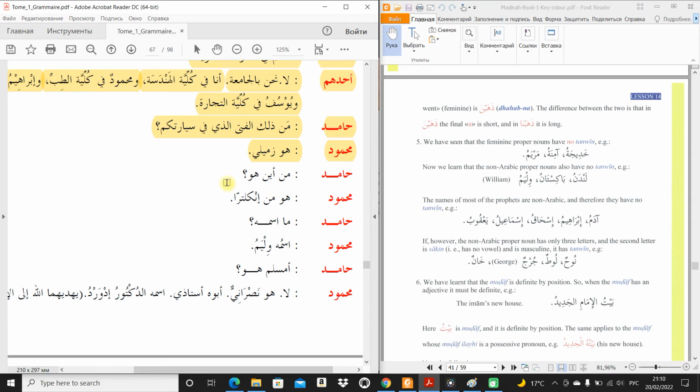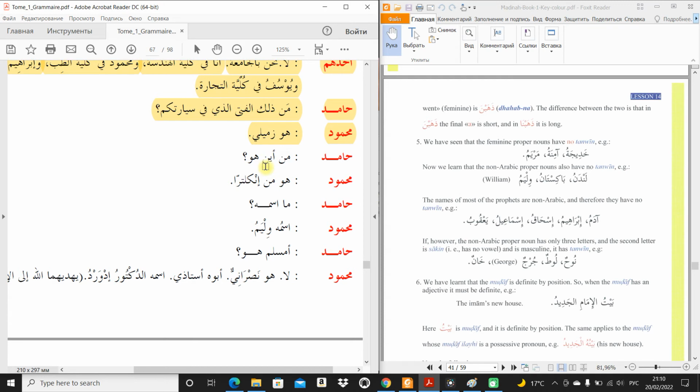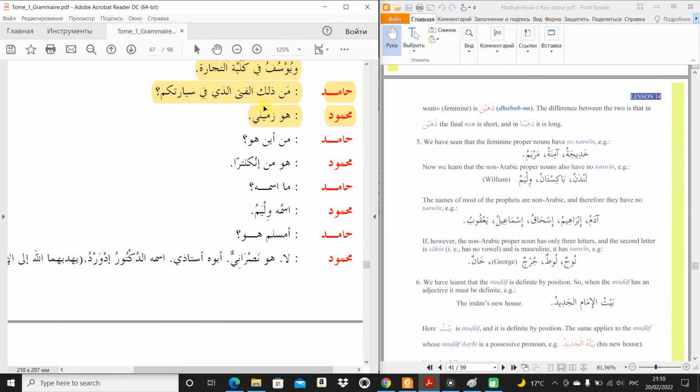In the beginning, of course, it doesn't seem like that, but over time you'll get a grasp of it, and believe me, it's really easier. And all the languages are striving for making things easier. Over time, all languages usually are getting simplified. So yeah, that's why it's pronounced من ذلك الفتى الذي في سيارتكم.